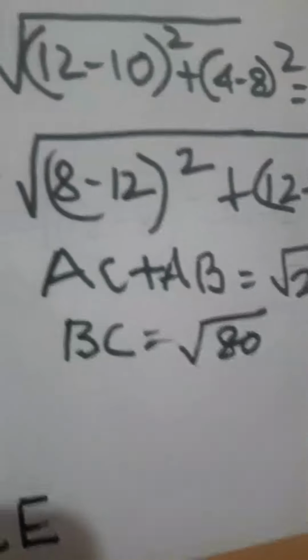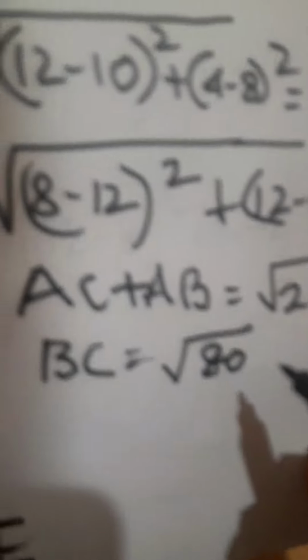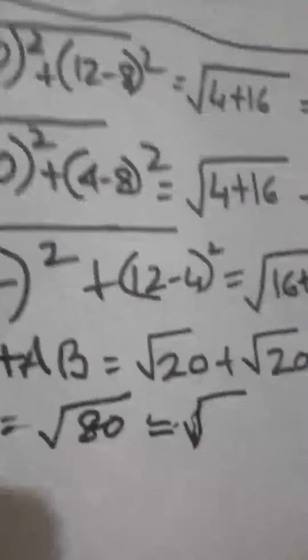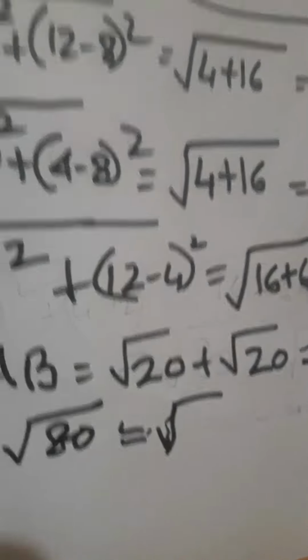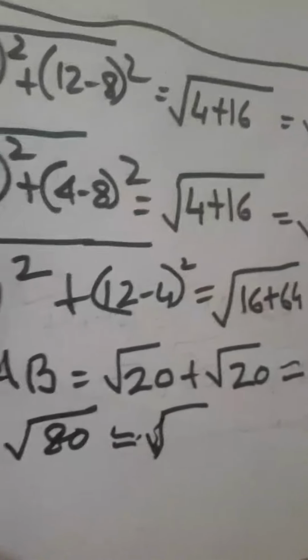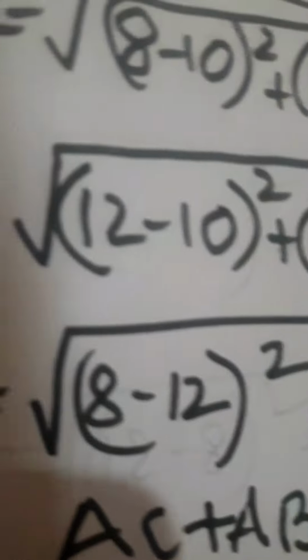And what is BC equal to? It is root 80. Root 80, how we can write? We can write as 5 into 16, 5 16s are 80. So for 16, when it comes out of the root sign, it becomes 4, and 5 remains inside the root.